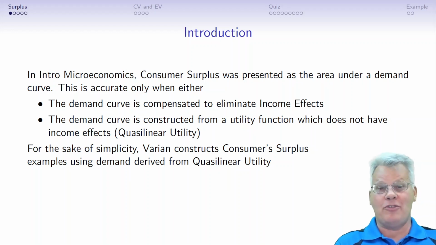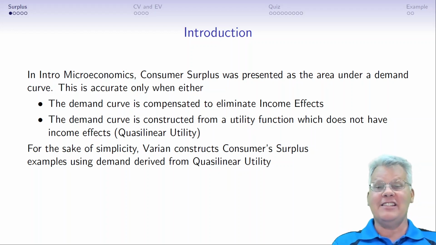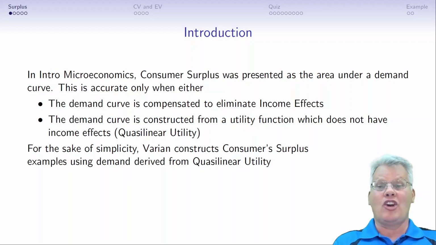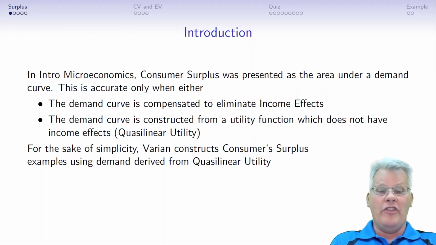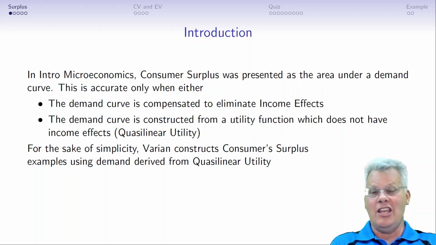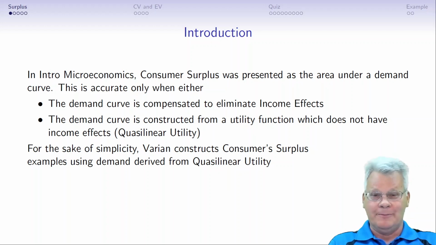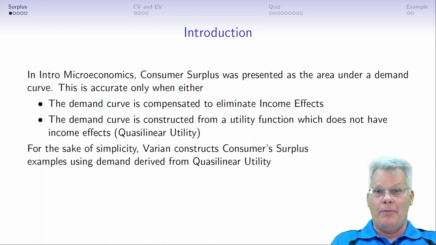You remember in Chapter 8, when we talked about the Slutsky equation, we introduced this idea of the Slutsky or compensated demand curve. And what that did is, when there was a price change, we derived a demand function in which the consumer's purchasing power was kept constant.